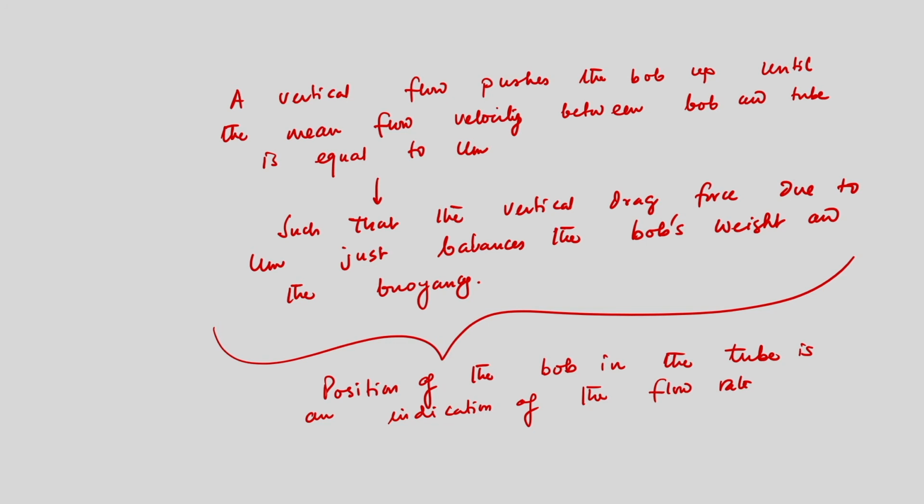So, eventually the vertical flow will try to push the bob and this movement will continue until the drag balances the buoyancy and bob's weight.